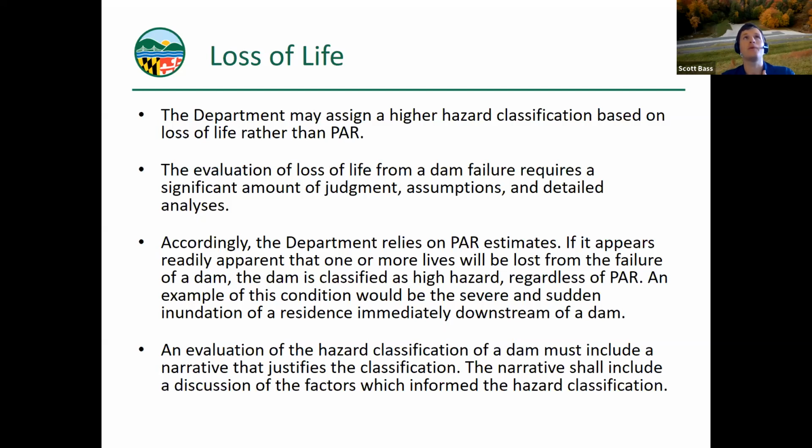And if you remember one of the first slides, I made a distinction between significant and high hazard dams. And significant hazard dams, we allow up to 1 to 6 PAR. And these would technically be people who could face high levels of danger if they did not evacuate. And studies have shown if you have 6 people who face dangerous levels of flooding, you could expect one of those would likely perish.